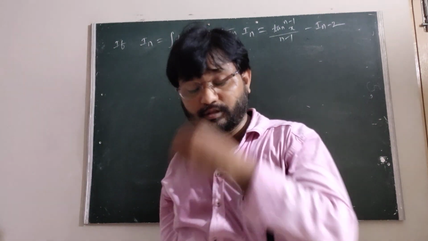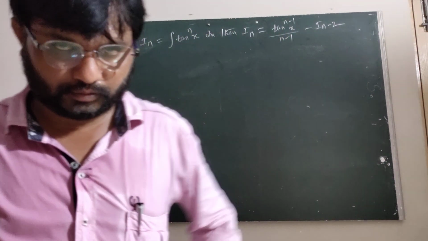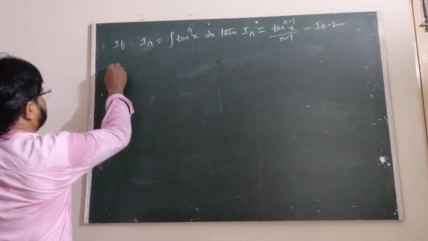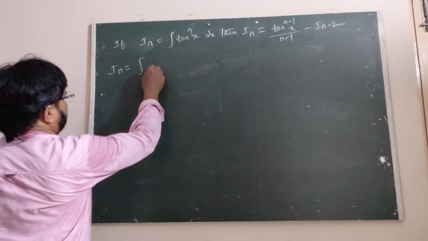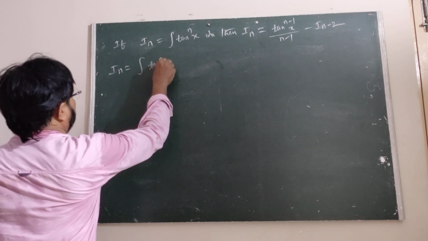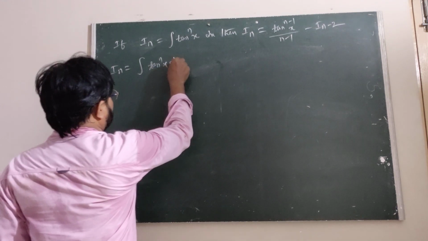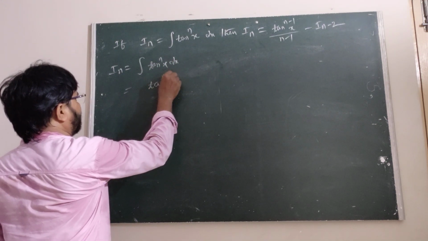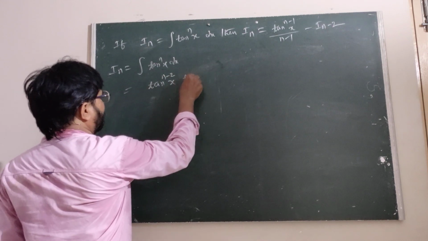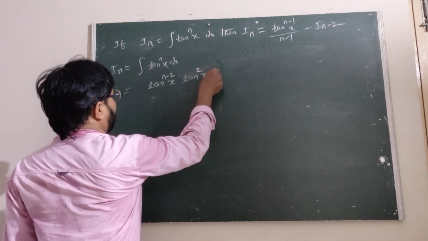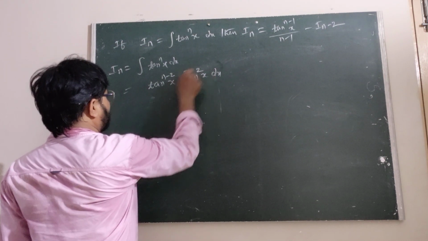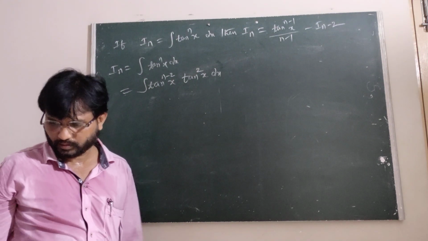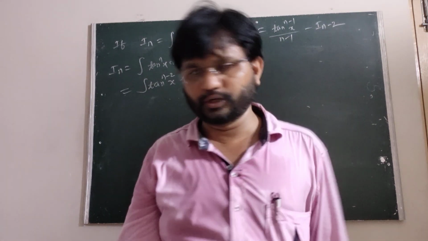How to solve this one? How to evaluate this type of integral? First you can write In equal to integral tan power nx dx. This is tan power n minus 2 into x into tan square x dx. The first step, is it okay?